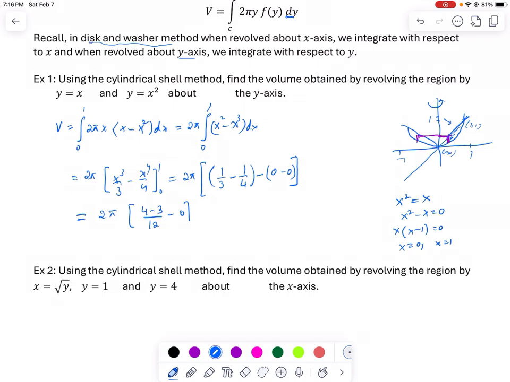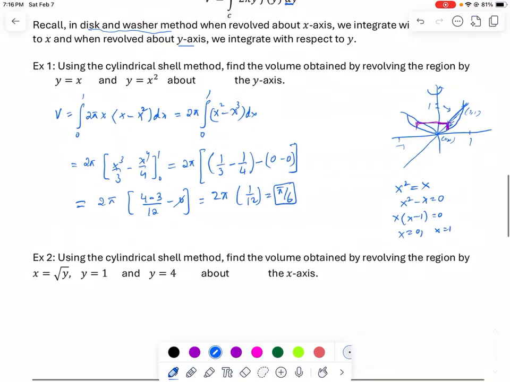The zero terms are gone and we are left with 4 minus 3 is 1, so I have 2 pi times 1 over 12, or pi over 6, is our answer. So the volume is pi over 6.